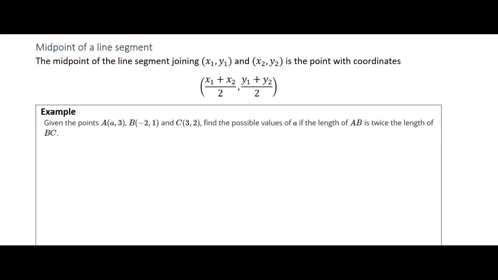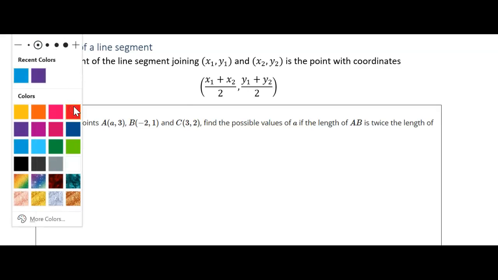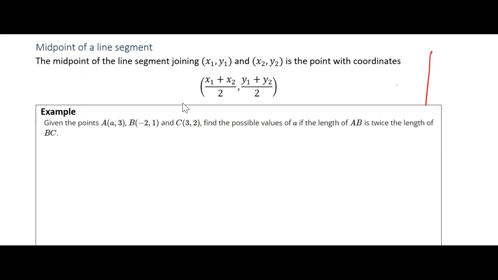So the midpoint formula, let me quickly draw a set of axes and a line, and two points on the line, and we want the midpoint. The midpoint is halfway, so that point there.